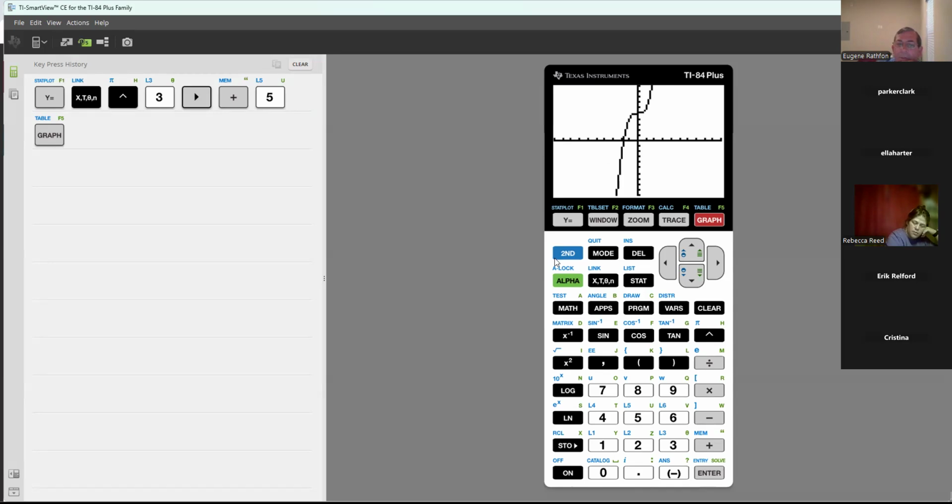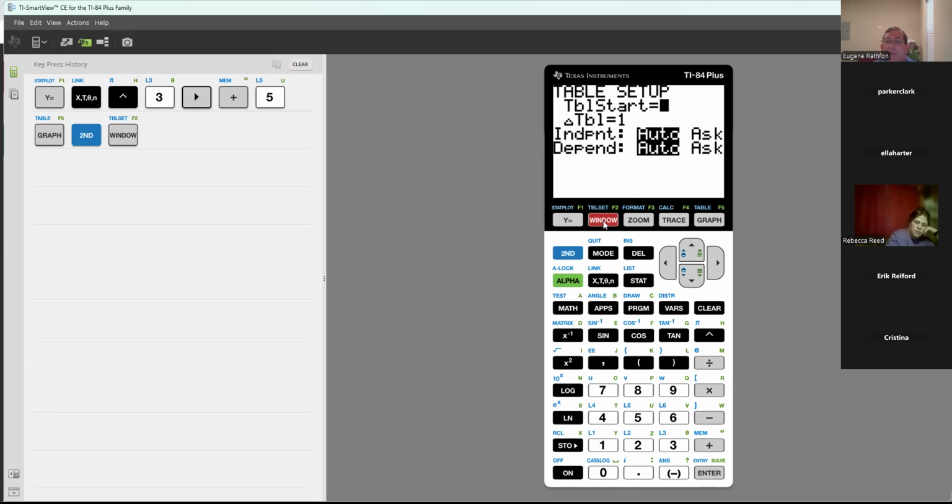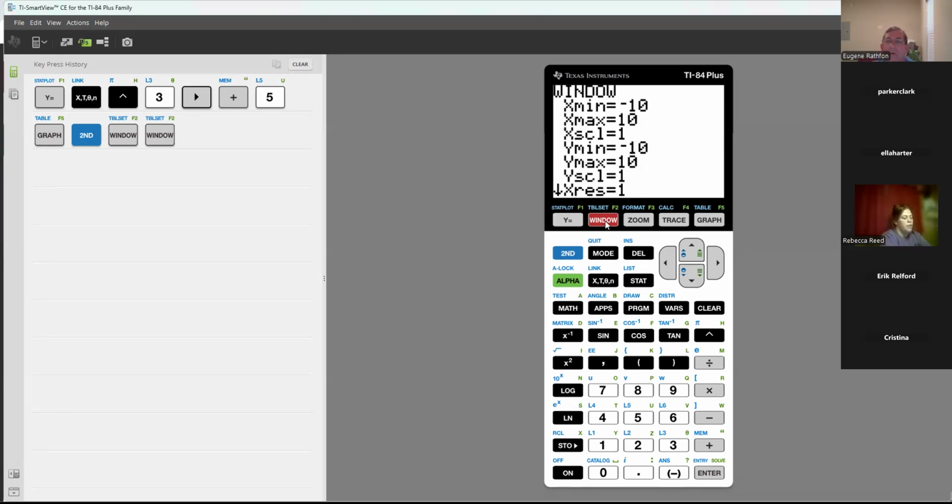Alrighty, so let me think on that. I'm going to click second window. Oh no, let's click window on that. What is yours showing right here on window?